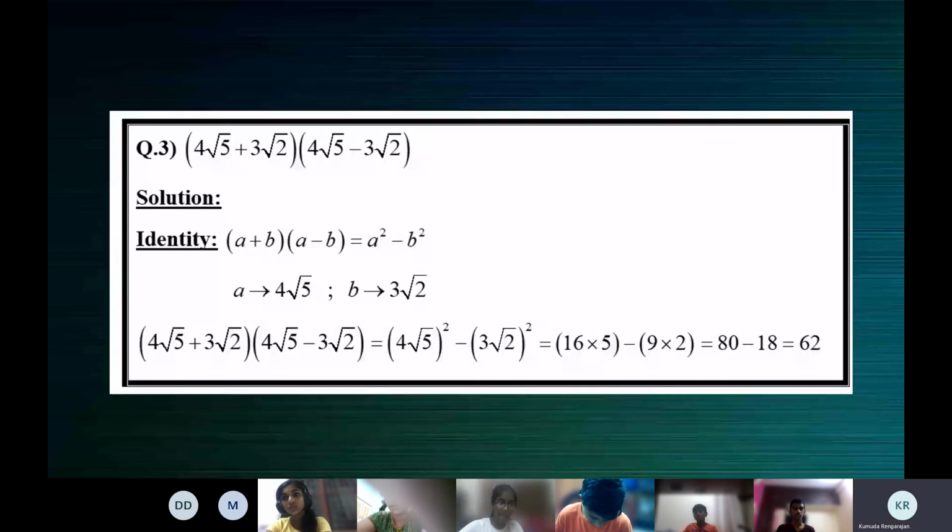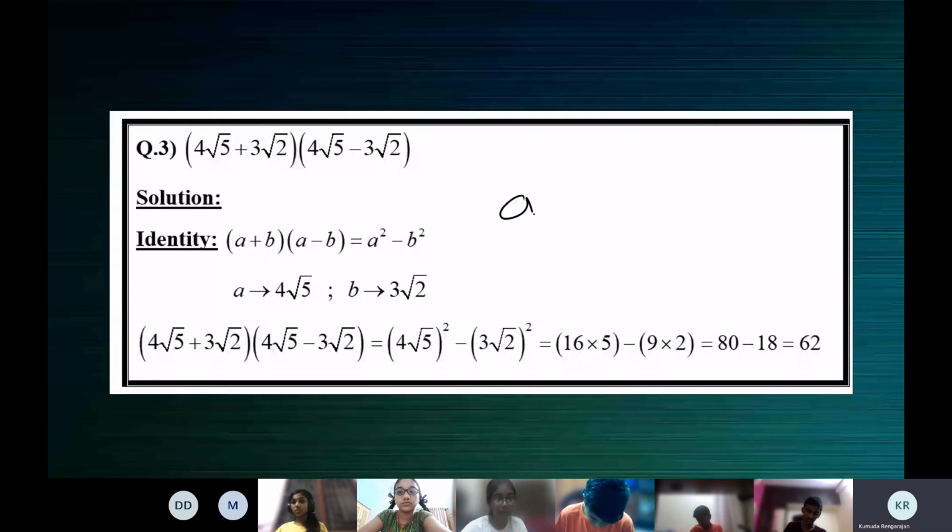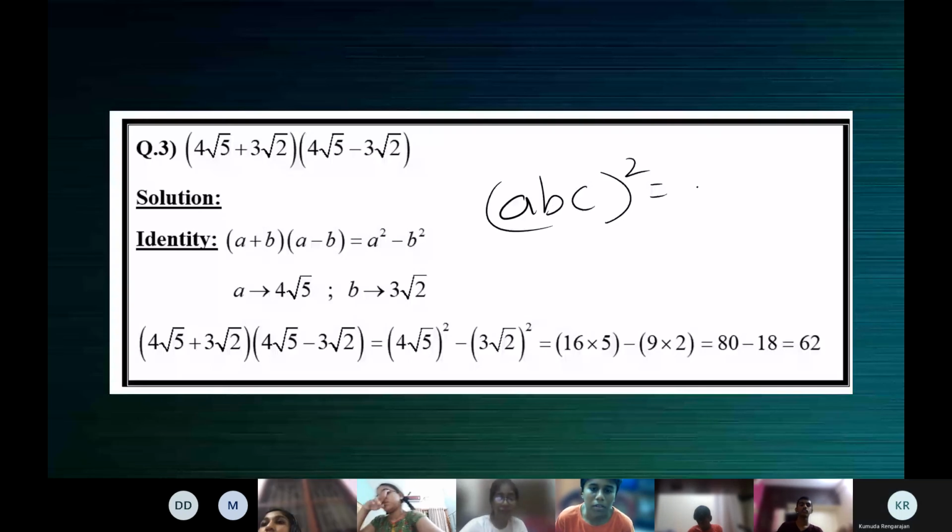A plus B into A minus B is A square minus B square. Taken, ma'am. Tell me the answer for this. What is ABC the whole square? Ma'am, ABC into ABC. What's the answer?